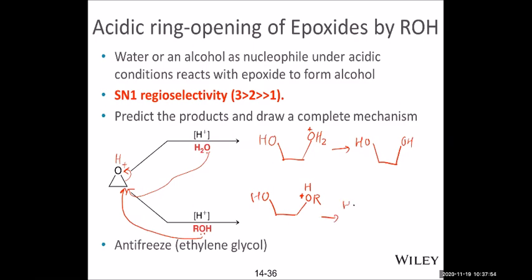So finally we get a sort of alcohol, but the difference is it has the alkoxide substituent in the structure. So it is both an ether and an alcohol.